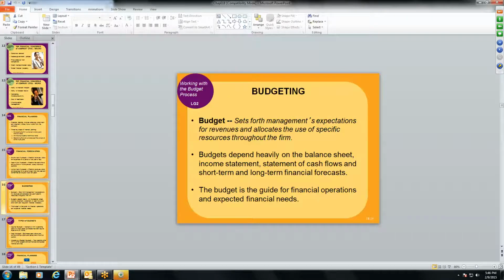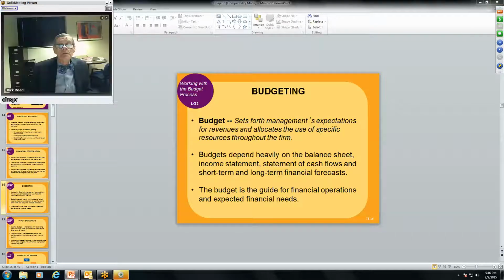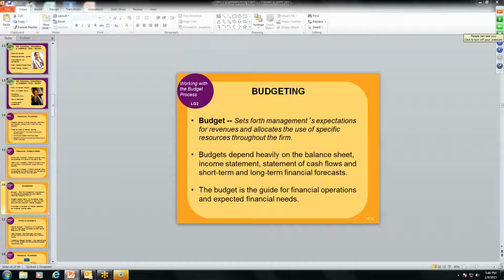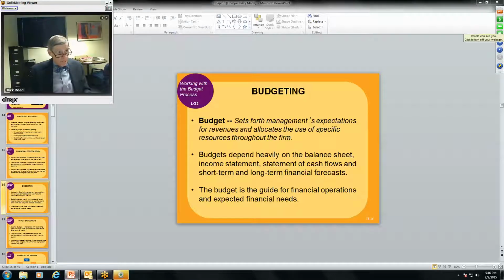Now, part of the forecasting goes hand in hand with budgeting. We're going to have to develop some type of a budget. This is like a roadmap in a way. It tells us what we expect to come in.